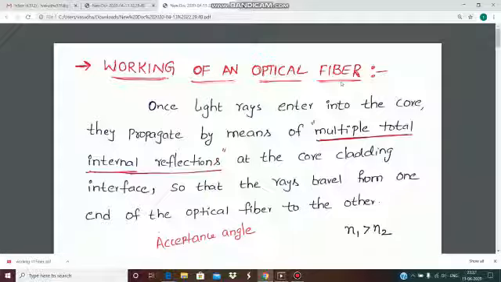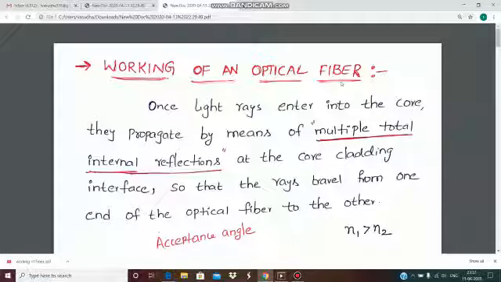It is made up of glass or plastic, which carries electromagnetic waves of optical frequencies from one end of the fiber to the other end by means of total internal reflection. Is it clear? So finally, what we conclude here is that optical fiber works as a waveguide in optical communication systems.